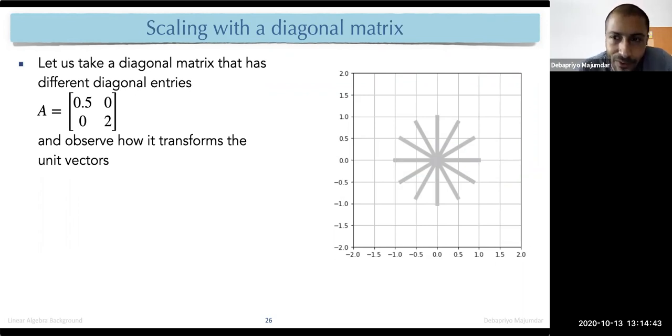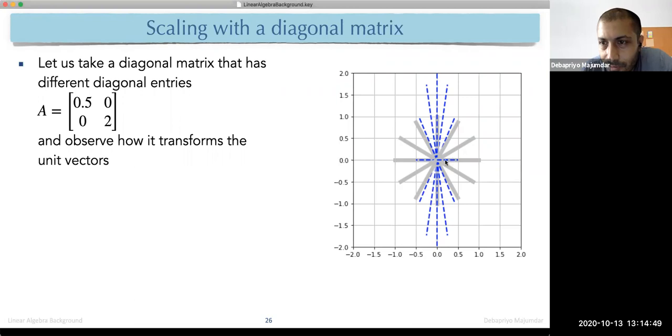Let's see what happens. So now we have this, right? This vector 1, 0 becomes half, 0, and 0, 1 becomes 0, 2, and essentially all other vectors change. This one becomes this vector, this one becomes this vector, and so on, right? Okay, so that's what happens.